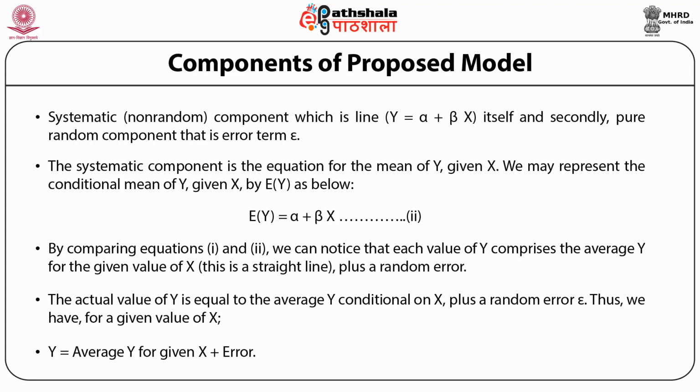Now here it is important that systemic component is equal to the alpha plus beta x. That is a very well defined mathematical model, and for this model value of y can be predicted very easily.